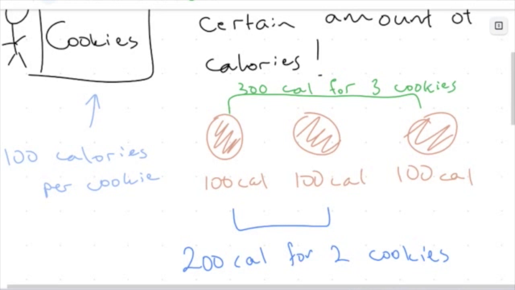Can you see that my amount of calories that I'm adding is proportional to the amount of cookies I have? It's increasing at a constant rate. I had started off with one cookie. That was 100 calories. Each cookie that I added, I increased by the same amount of calories. See, I went from 100 to 200 to 300 calories. So for each cookie I added, I got another 100 calories.